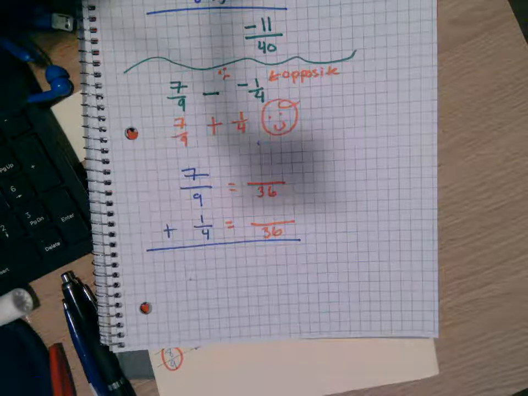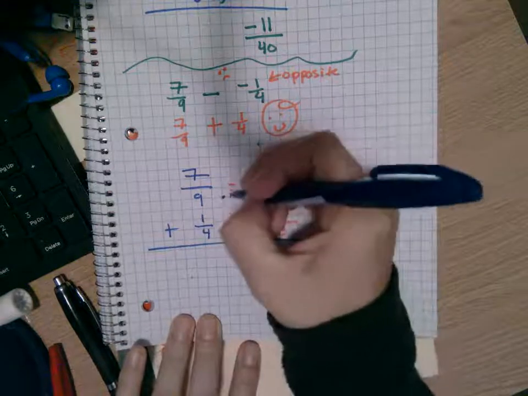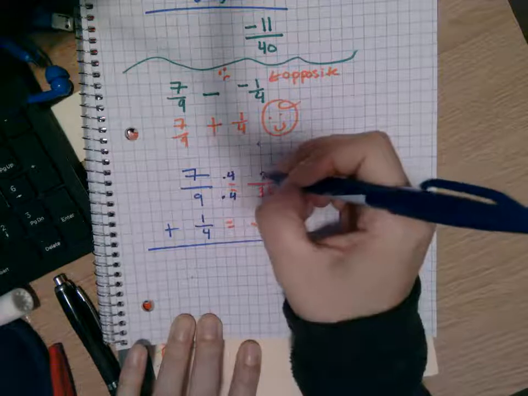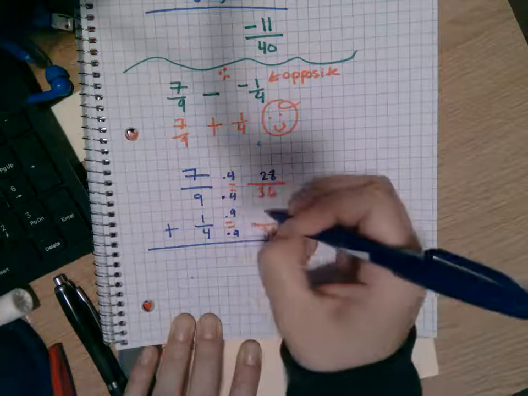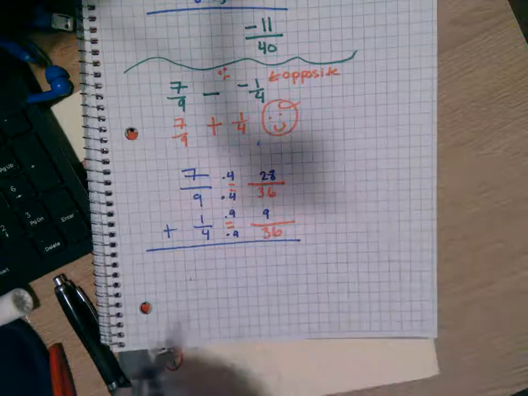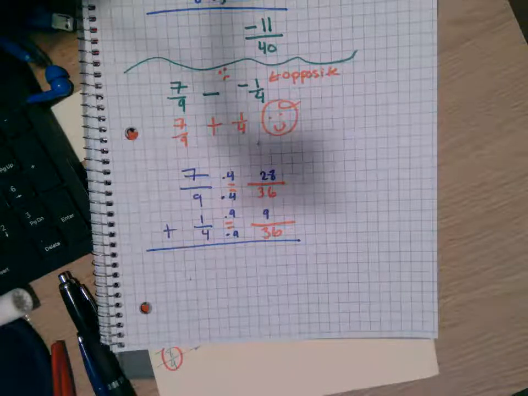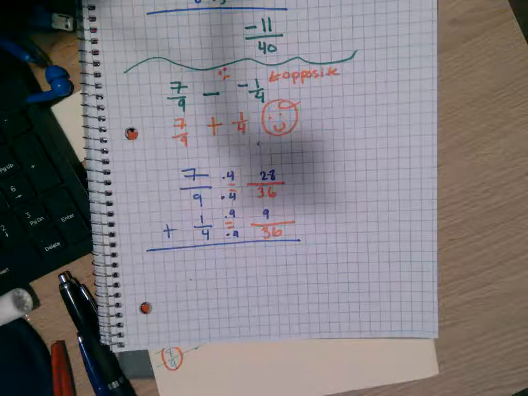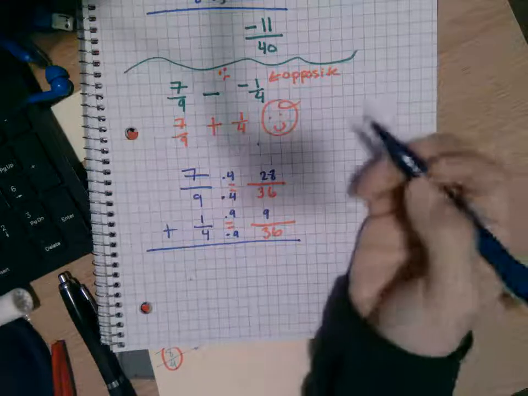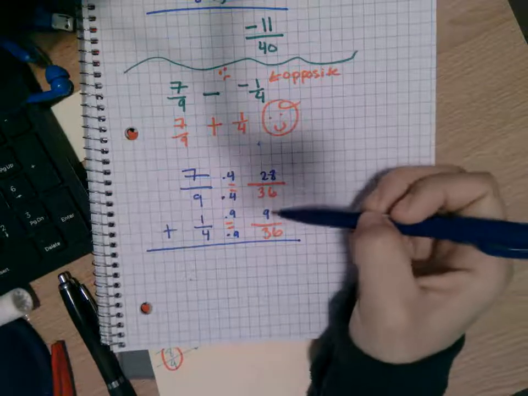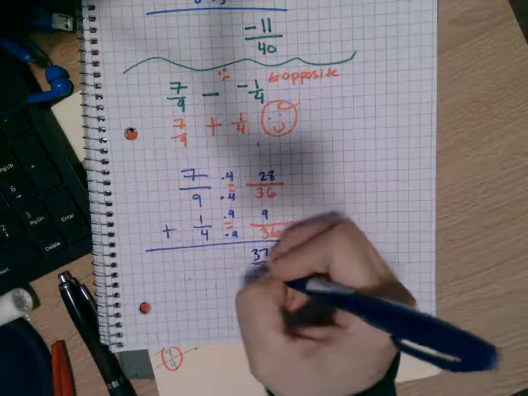And the top one is 9 times 4 is 36, 7 times 4 is 28. Can we convert it to a mixed number? Yeah, mixed number. I expect you to. So we're going to add 28 plus 9, which gives you 37 over 36.